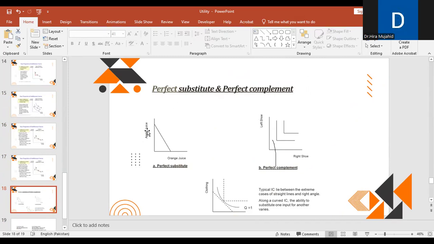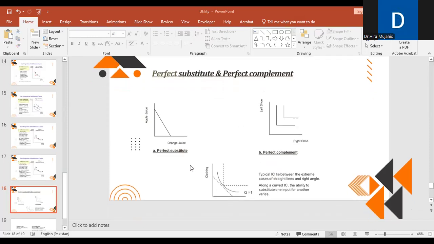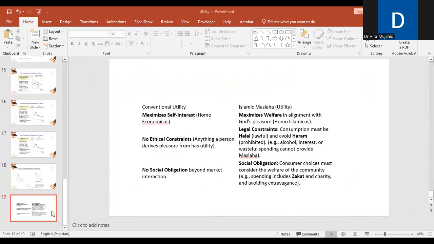If we have two goods which are perfect substitutes, the indifference curve will be a straight line, a linear graph. And if you have complements on the axes, the curve will become L shape, a right angle. Normally we will have a normal curve which lies between the straight line and the L shape. It is convex to the origin. It will be a normal curve like this.